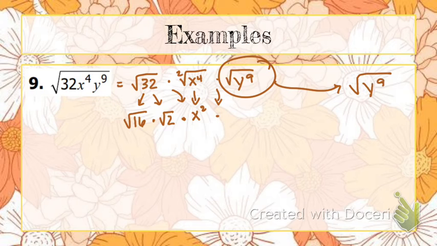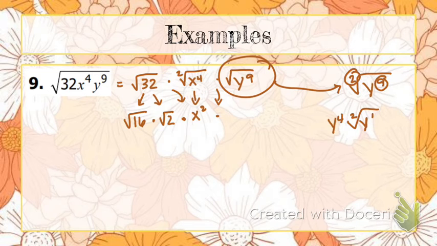We have y to the 9th and a square root. 9 divided by 2 is 4 with some left over. So 2 goes into 9 4 times, so we get a y to the 4th, and it has 1 left over, so y to the 1st has to stay under the radical.